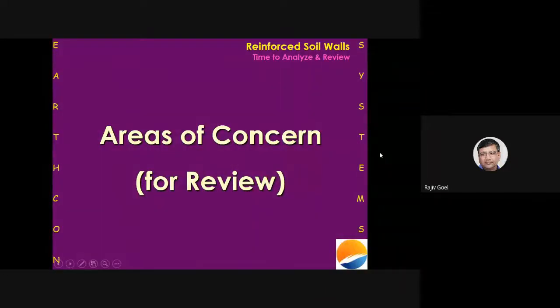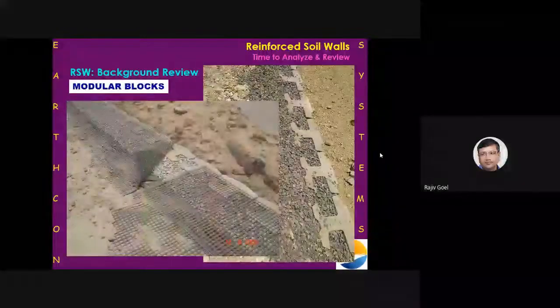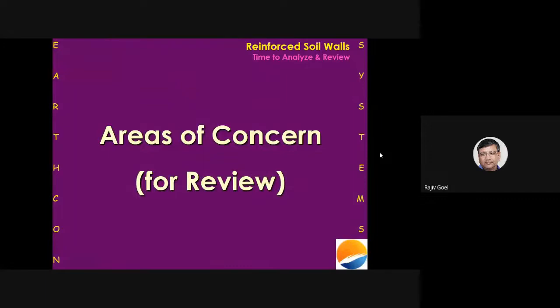So far, that's the background on reinforced soil walls I wanted to present. Coming to the areas of concern, what we need to review and what we have learned in these 25 years of construction, I have tried to list about 15 points which I could think of.